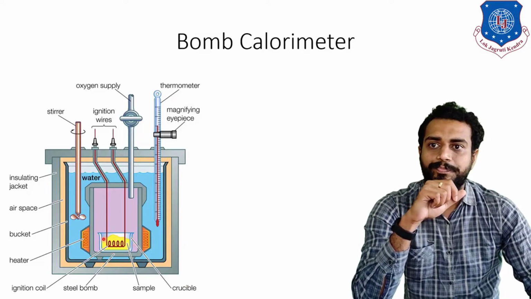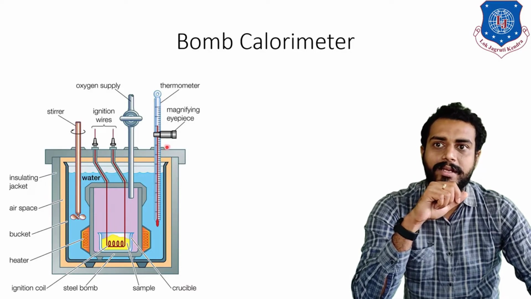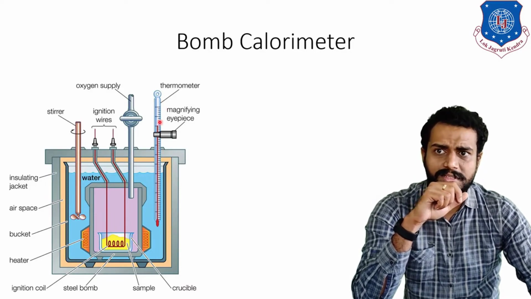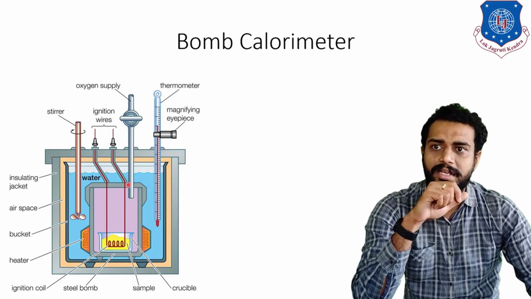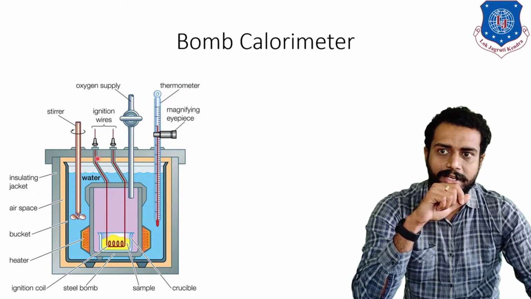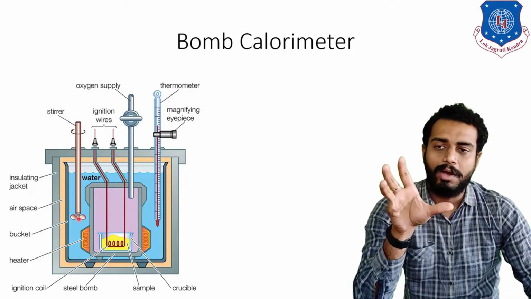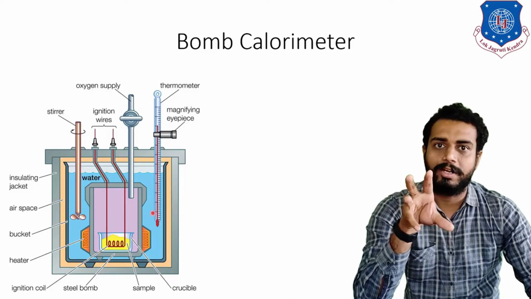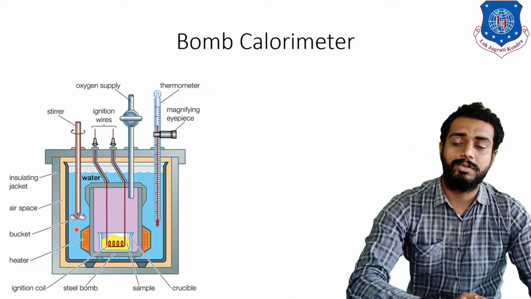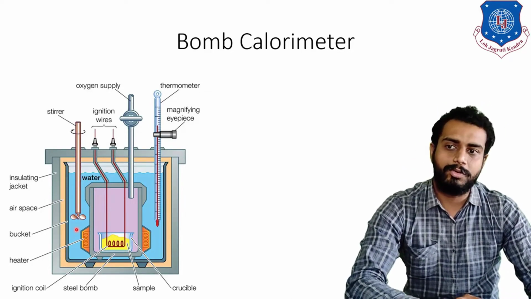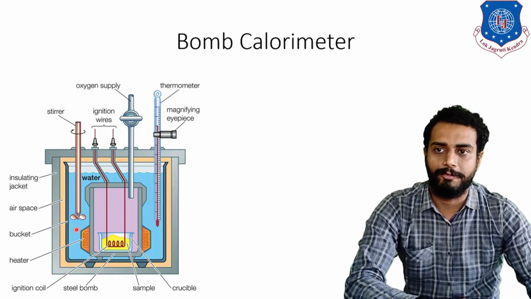Okay, one more thing, the thermometer is there, right? Then oxygen supply will be there. Then ignition wires will be there. These are the two ignition wires that are connected with the ignition coil, and the stirrer is present. Okay, so these are the devices that will be used in the bomb calorimeter. I told you the heater will be optional according to the manufacturer.